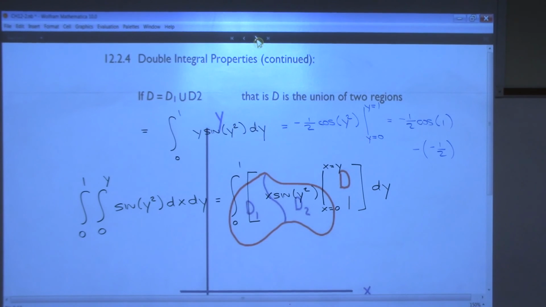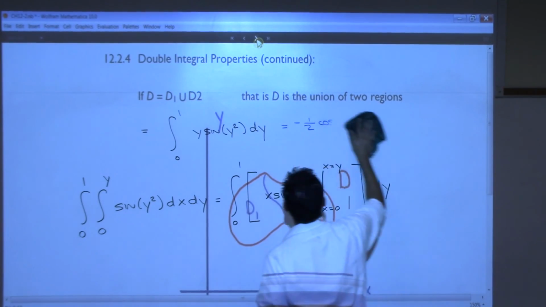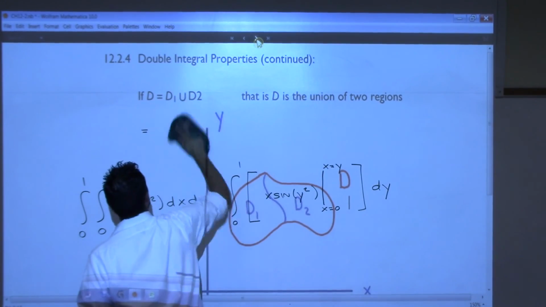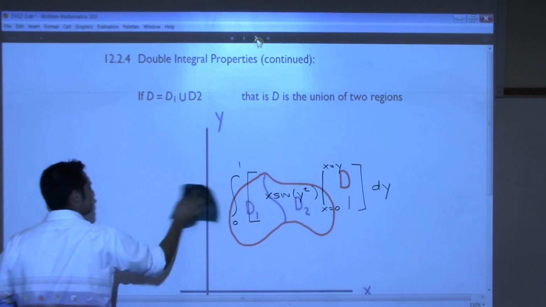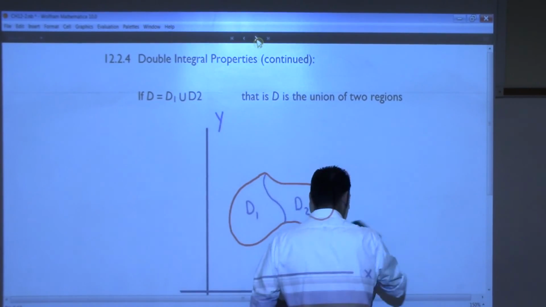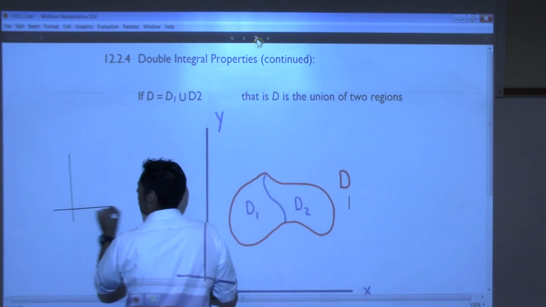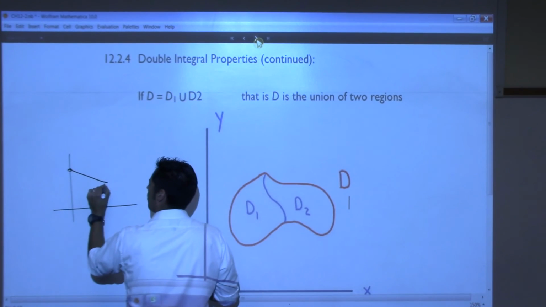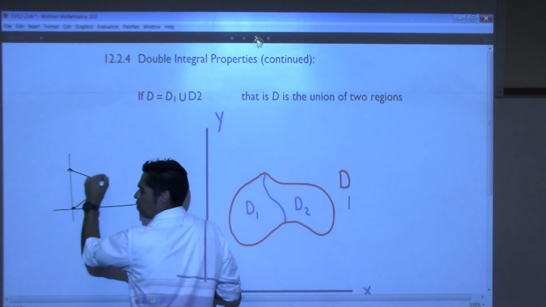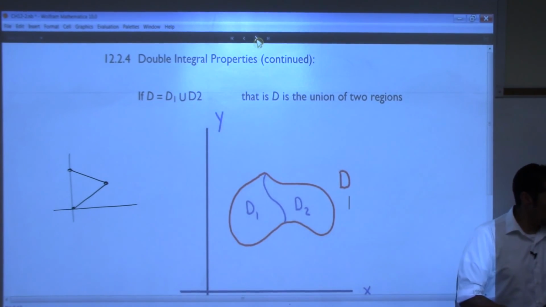Okay, a couple of properties of double integrals. We didn't really need this. I did kind of talk about this a little bit, but now I'll just formalize it. In that problem we had a minute ago, the tetrahedron problem, remember I asked, do we want to do this type 1 or type 2?